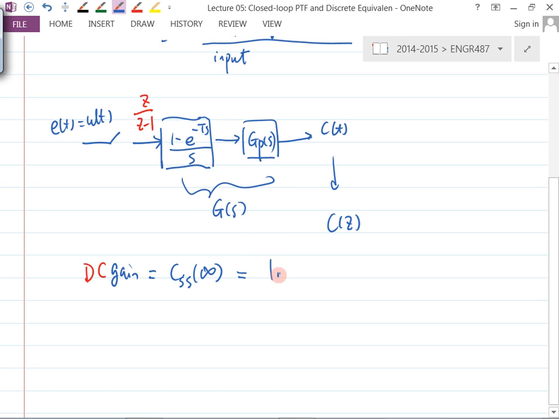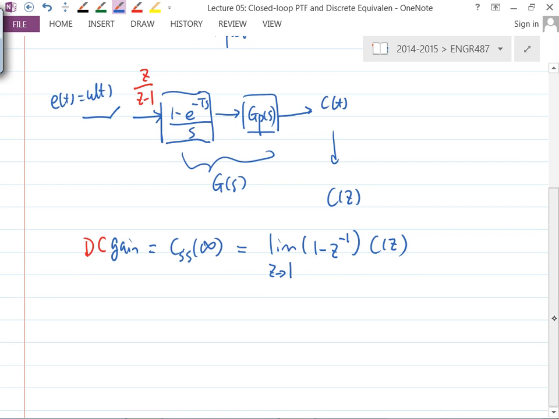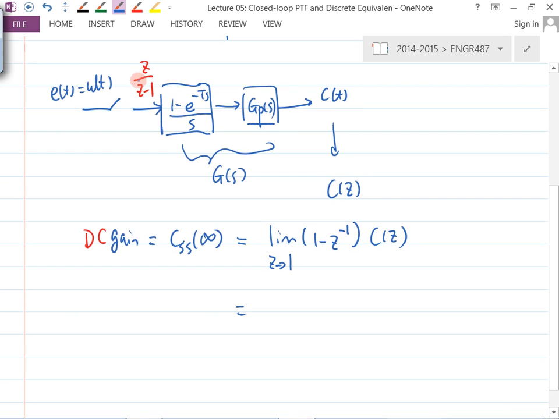If you remember, the final value theorem is the limit as Z approaches 1 of (1 minus Z to the power of -1) times C of Z. Okay, that's the final value theorem. So in this case, what is C of Z? C of Z equals G of Z times the unit step input, right?